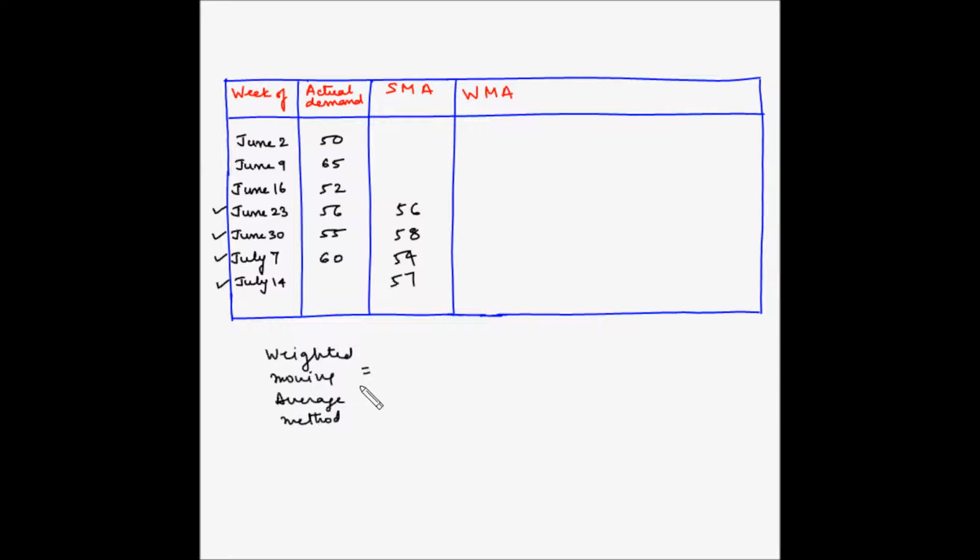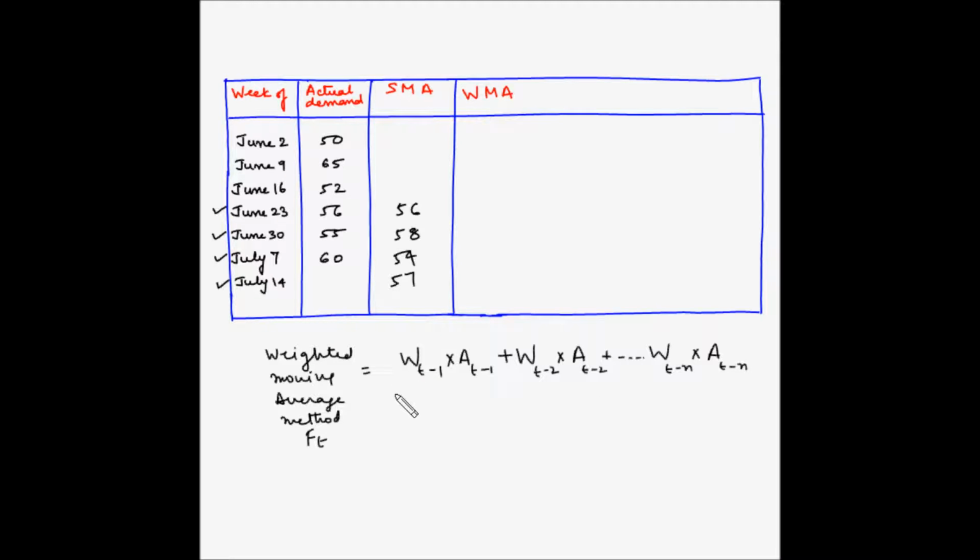As per weighted moving average method, the forecast for period T is equal to the weight of period t minus 1 multiplied by the actual demand for period t minus 1 plus the weight for period t minus 2 multiplied by the actual demand for period t minus 2, so on till the weight of period t minus n multiplied by the actual demand of t minus n.